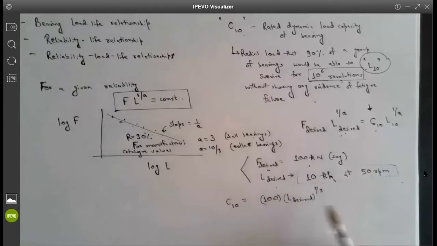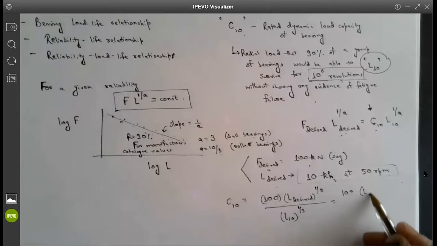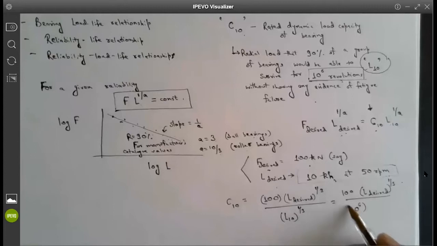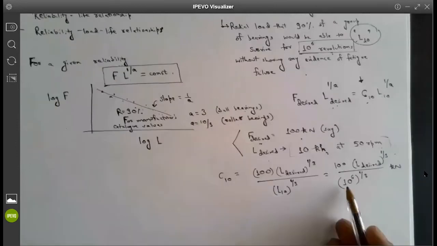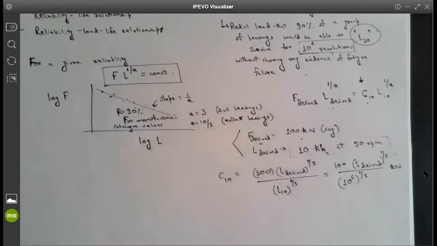Let's say we are talking about ball bearing here. So this has to be in revolutions as well, because in the denominator, L10 life is in revolutions. So what will be L desired in number of revolutions?